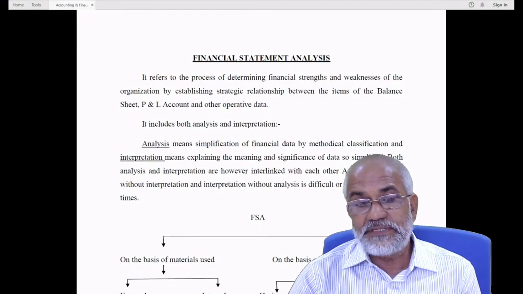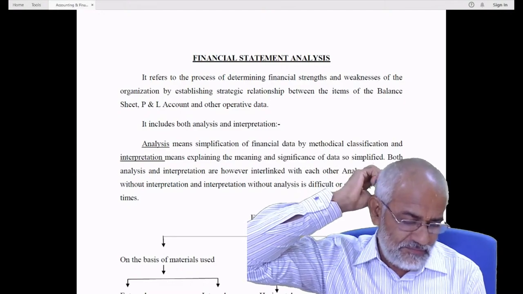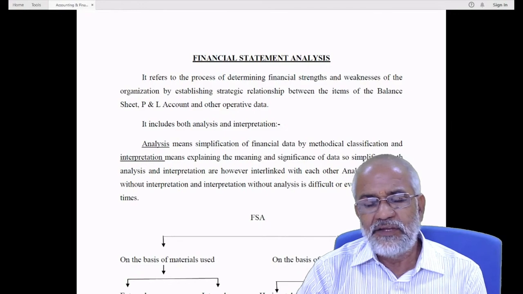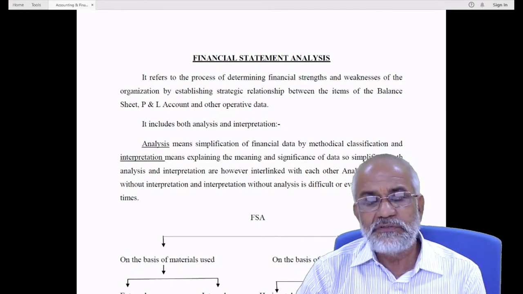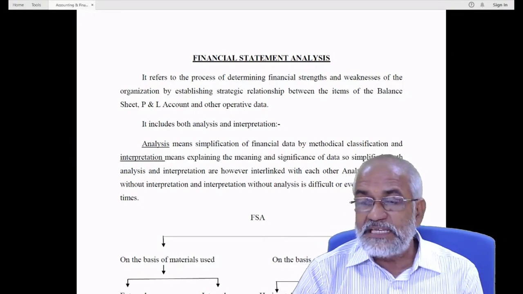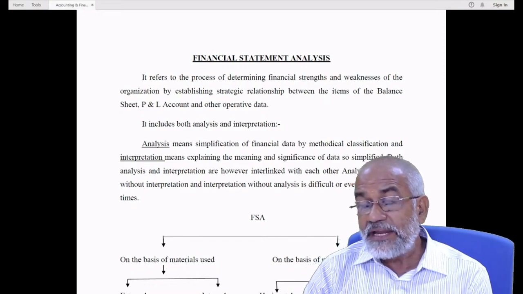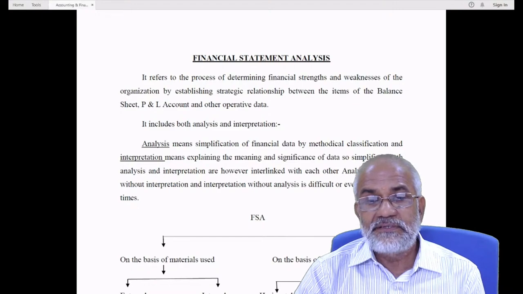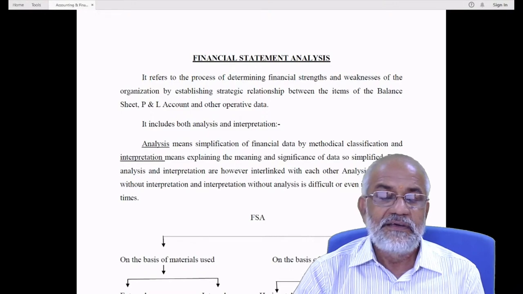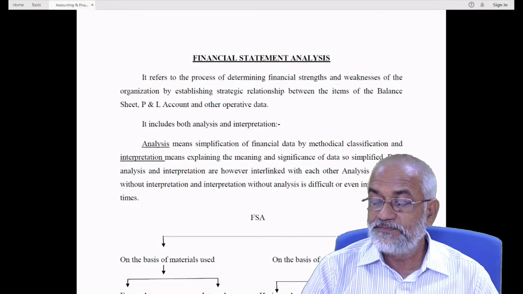Under narrative items, we will come across statements like the auditor's report, director's report, and chairman's message. And under non-narrative items, there may be graphs and presentations of figures, graphical representation, etc. They will come under the non-narrative items.